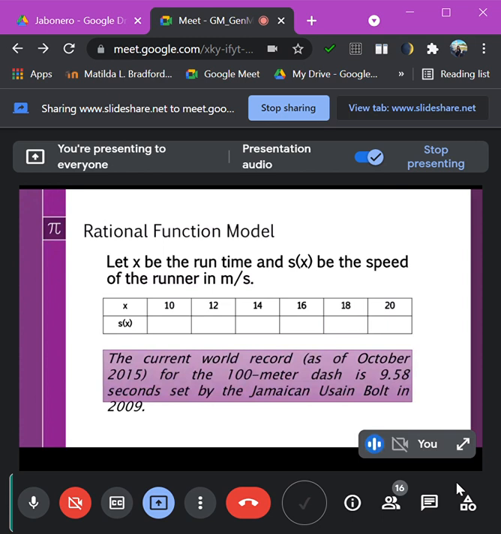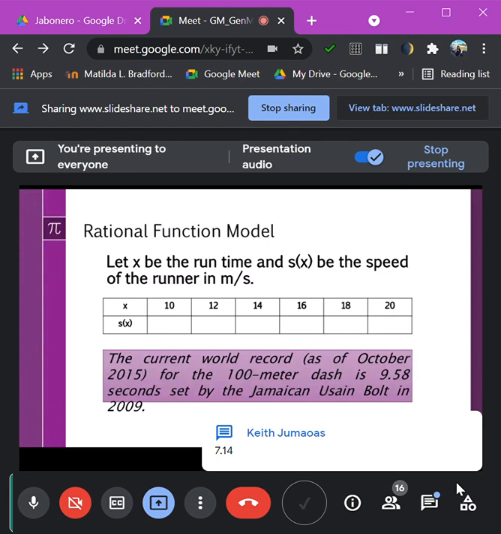How about if our x is 14? What is its s of x? 7.14. Okay, 7.14.